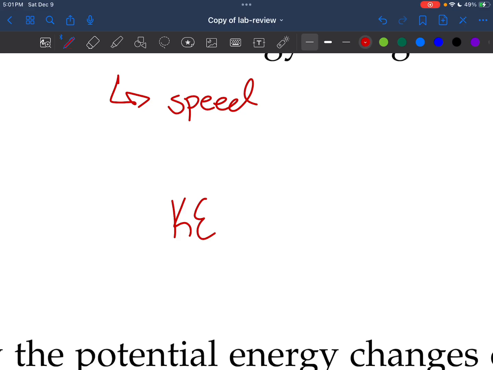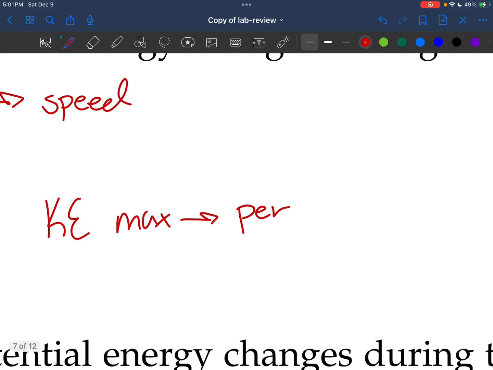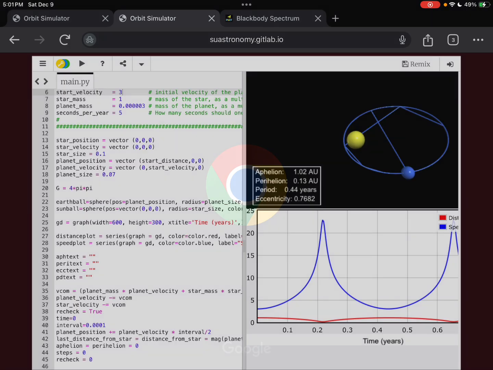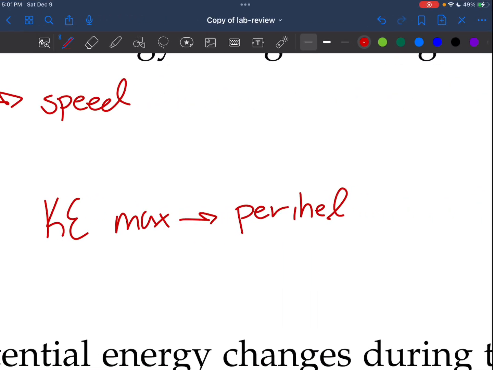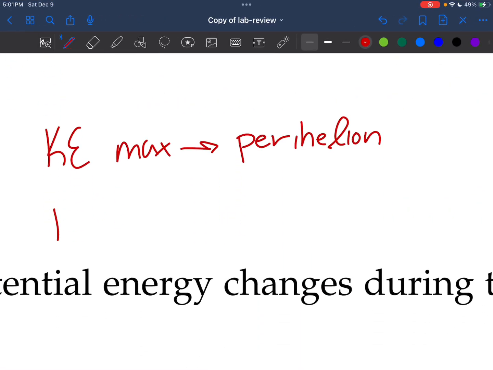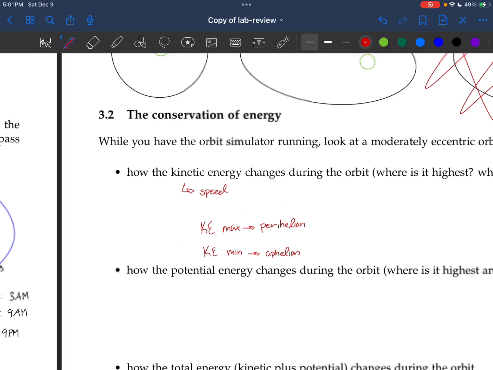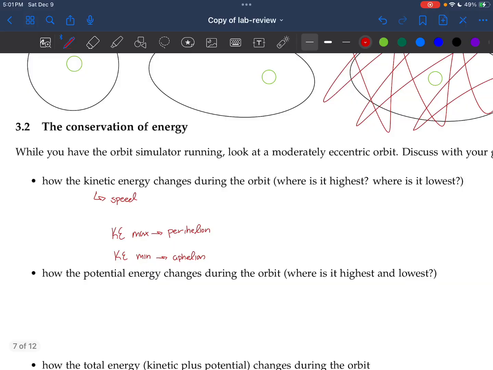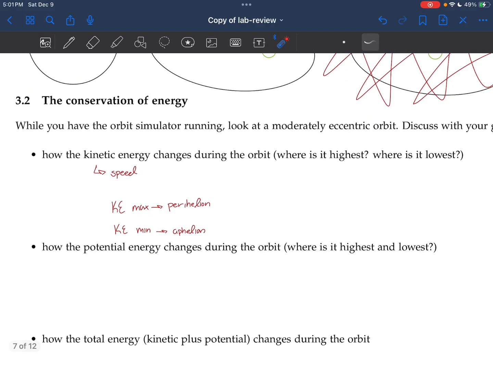So we say KE is at a max at the perihelion. How do you spell that? Perihelion. And it's at a minimum, all right? It's going the slowest at the aphelion. Right? So highest, lowest, max, min, right?